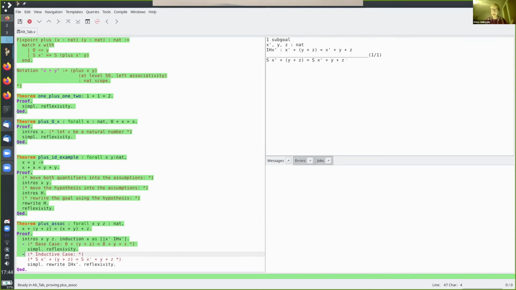We have in our assumptions already x prime, y, and z natural numbers. And thankfully, Coq has already given us the correct formation of what our inductive hypothesis is supposed to be. I know when I was taking Math 135 or CO 250 or other math courses when I was in first and second year, something I really struggled with was when I was doing proof by induction, I would often write an incorrect inductive hypothesis.